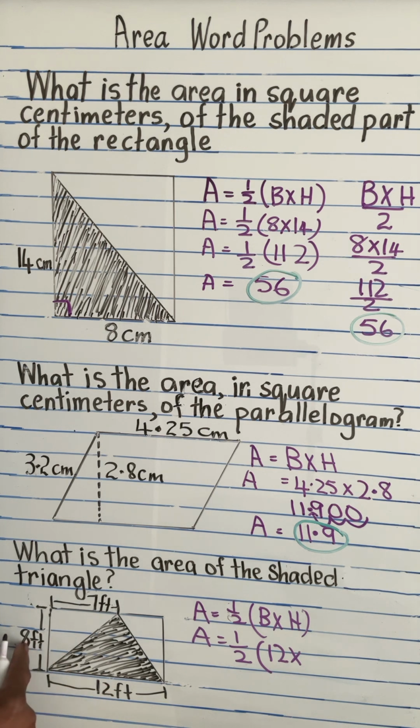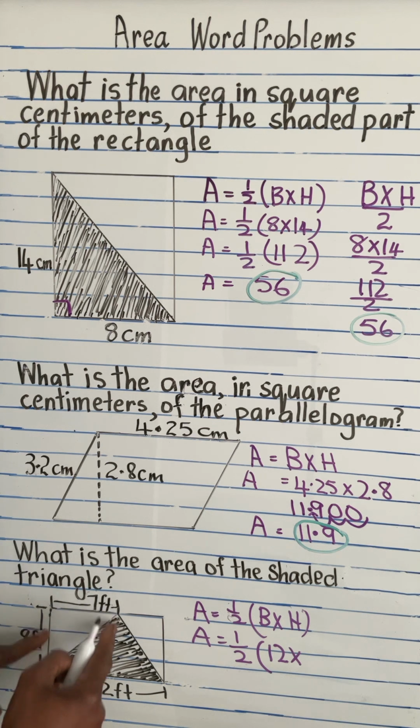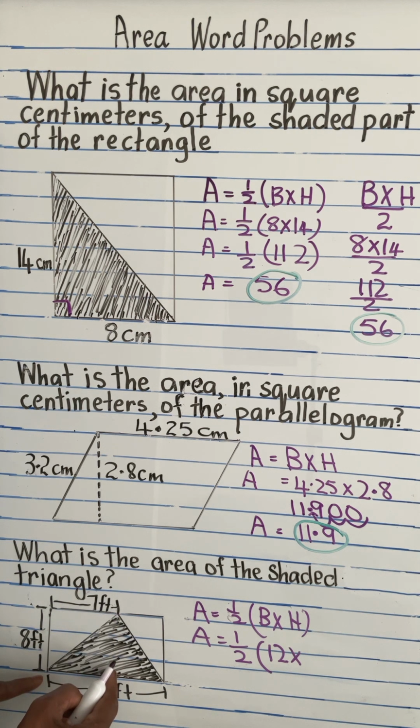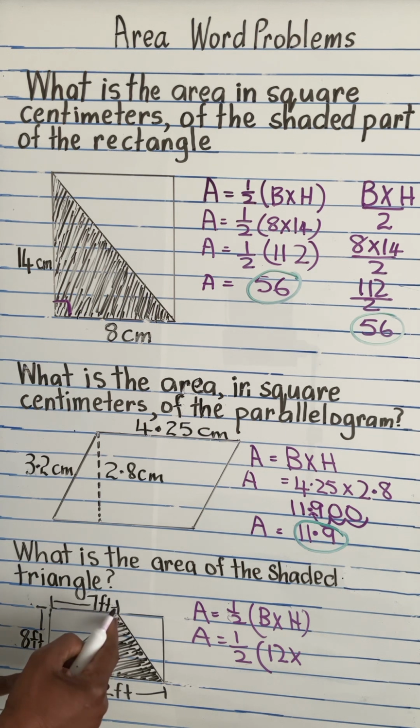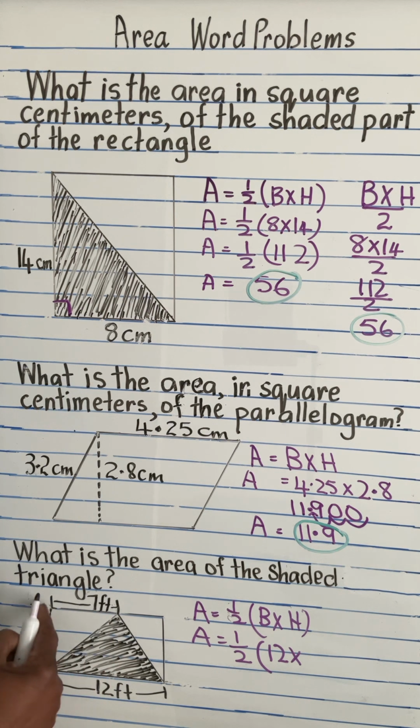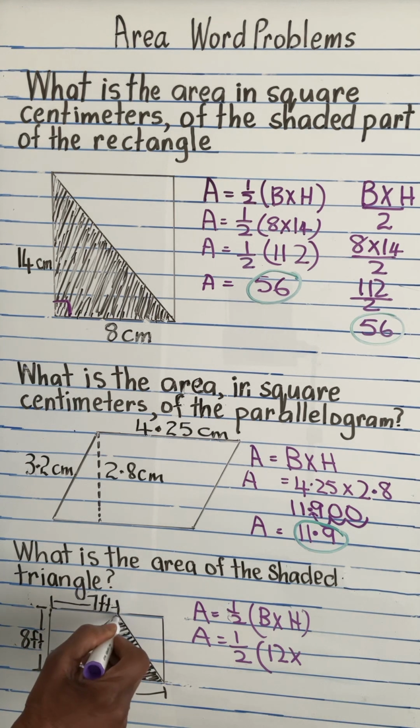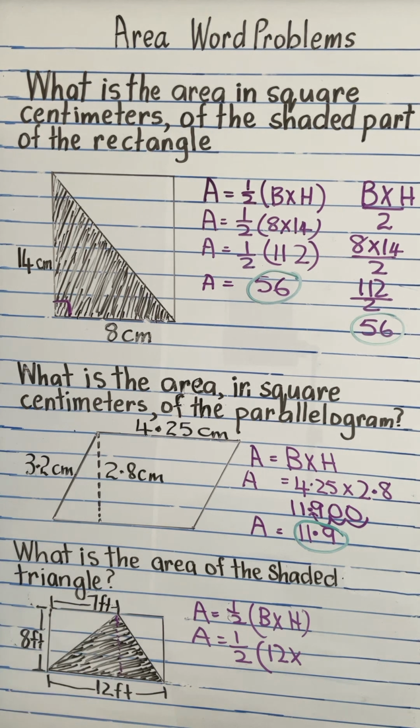A straight line from the base to the top. You see these two? The one that we're trying to find from the base to the top is parallel to this line right here, part of the rectangle. So we know our height right here is also 8 feet.